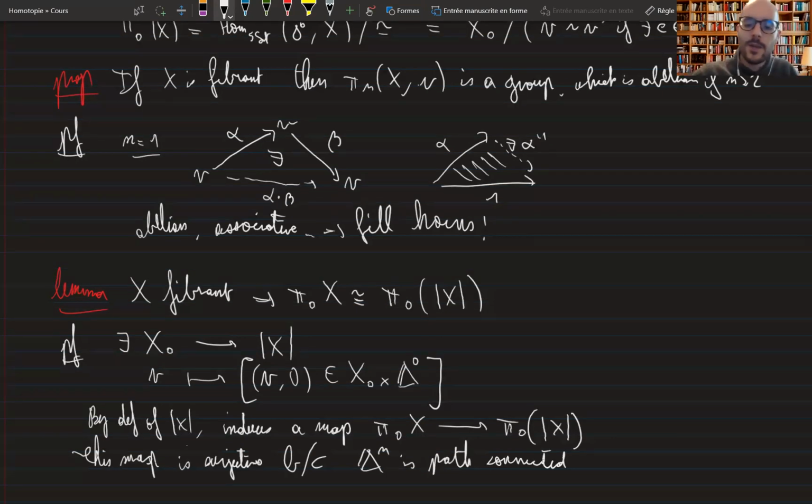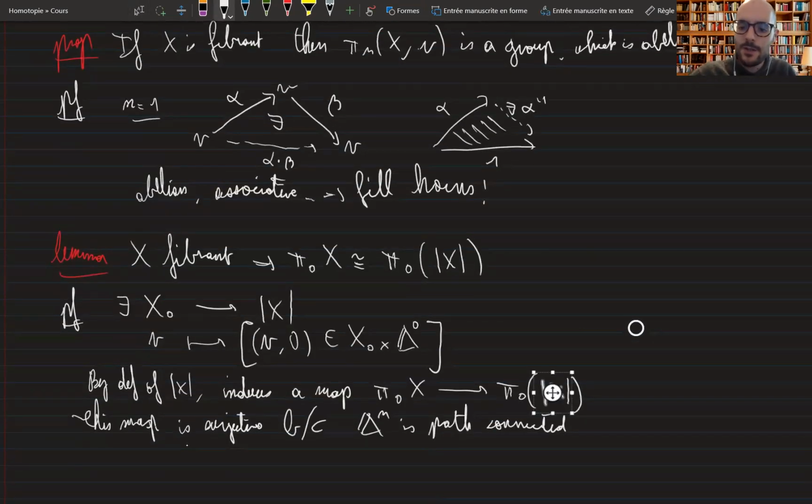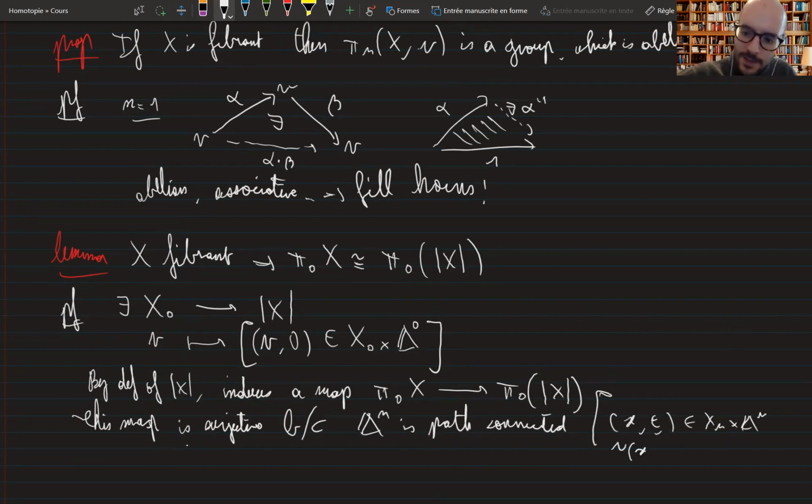Whenever you have an element of a geometric realization, so let's say you have (x, t) in X_n × Δ^n, well, this t is connected by a path to a vertex in X_n × Δ^n, but this is d_0 ... d_0 x in X_0 × Δ^0.